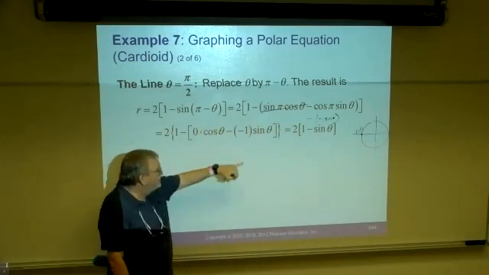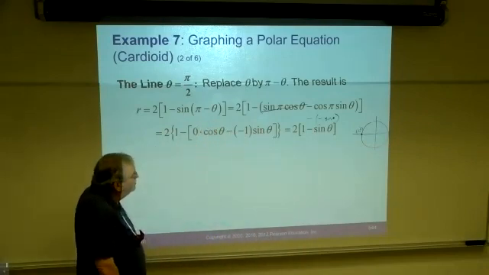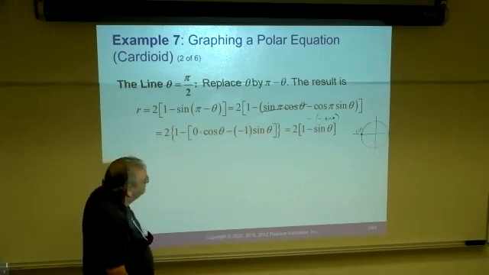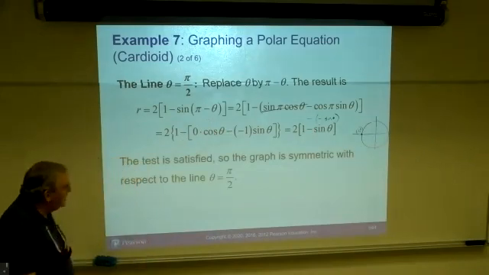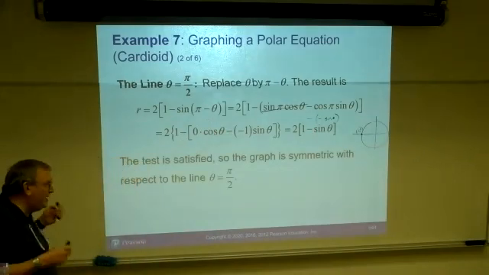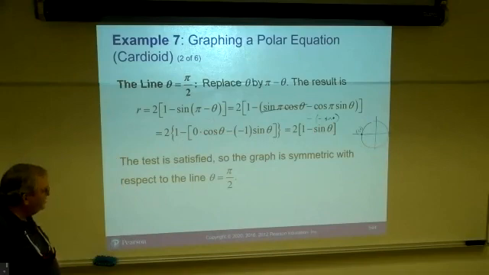And it's 1 minus that sine. And so, yes, we wound up with the same equation. The test is satisfied, so the graph definitely has some symmetry with respect to that line, to the vertical angle.